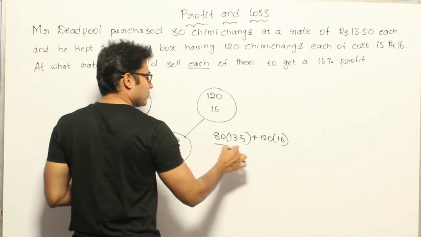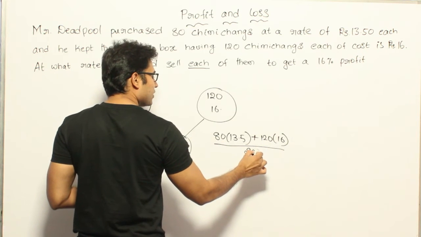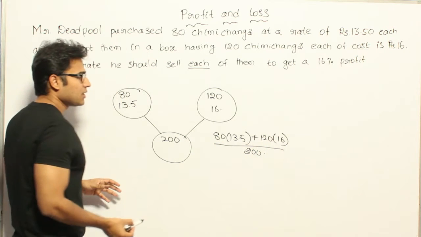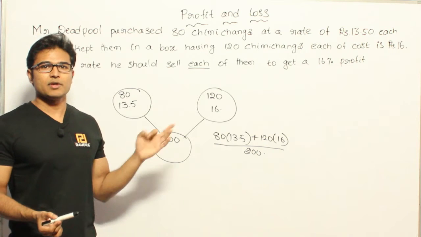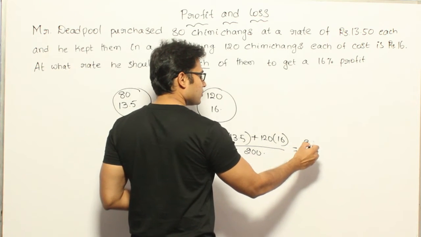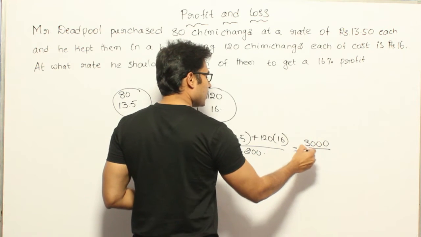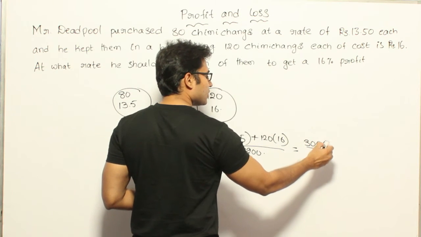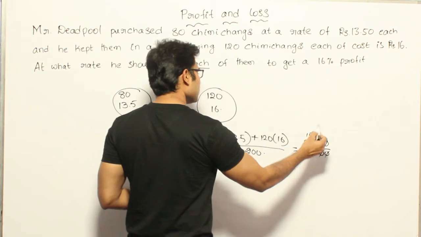So now when I divide it by 200, what I get is the average cost price per chimney chunk. Okay, now this is going to be 3000 divided by 200, it is going to be 15, right?